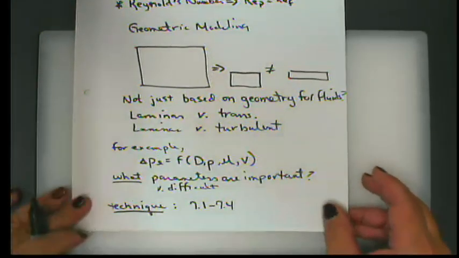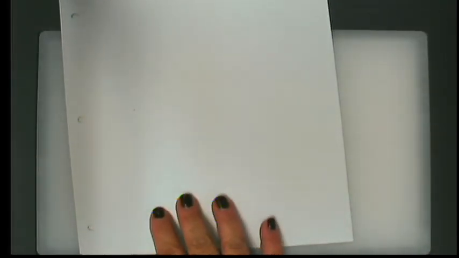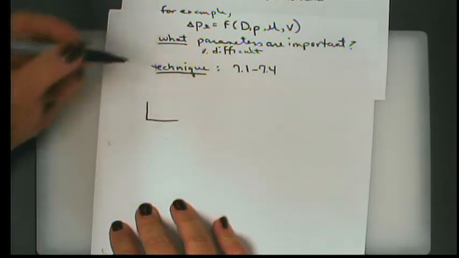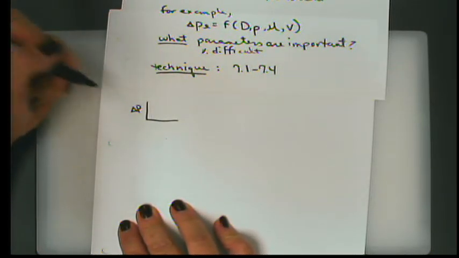All right. Now, one of the things that we would like to do, if we talk about this pressure drop again, this delta P being a function of that, we could draw a series of different graphs if we wanted to see what that relationship looked like.